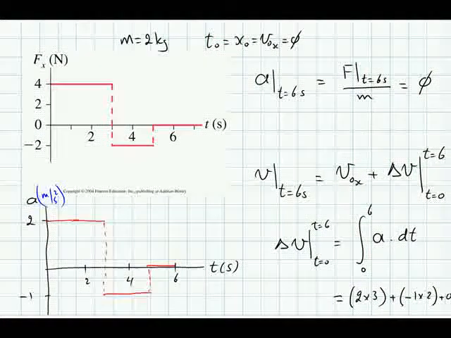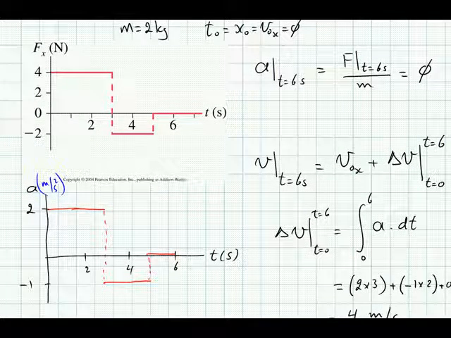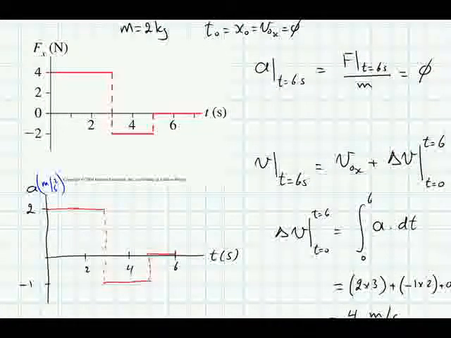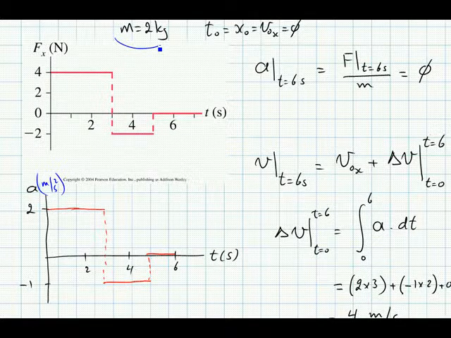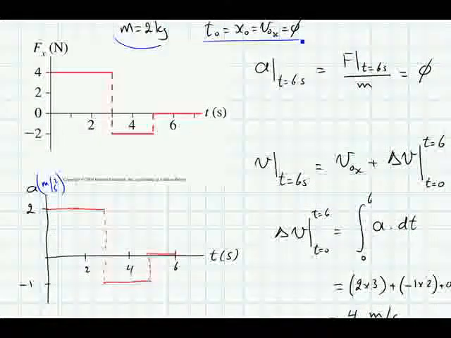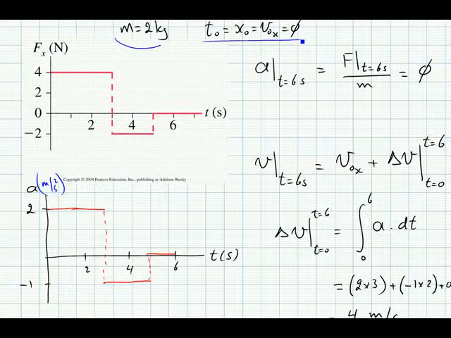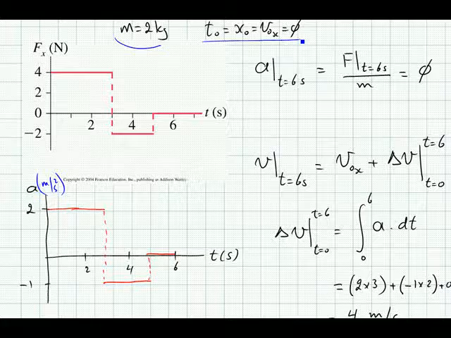Now, in this scenario, the reverse of what we just went through, we are given the force acting on an object which has a mass of 2 kilograms, and we're told that at time equals 0 seconds, the position of the object is 0 meters, and the object starts at rest, 0 meters per second.